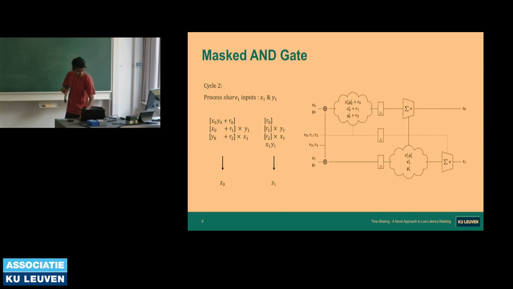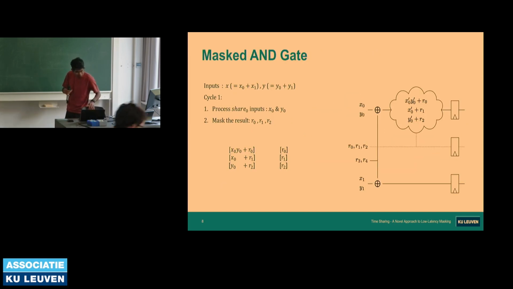I'll first explain with a simple example, which is a masked AND gate. So I have two inputs. The first shares are X0 and Y0. So I multiply them like X0, Y0, and then I have X0 and Y0. And then I mask them with 3 random bits, R0, R1, and R2.